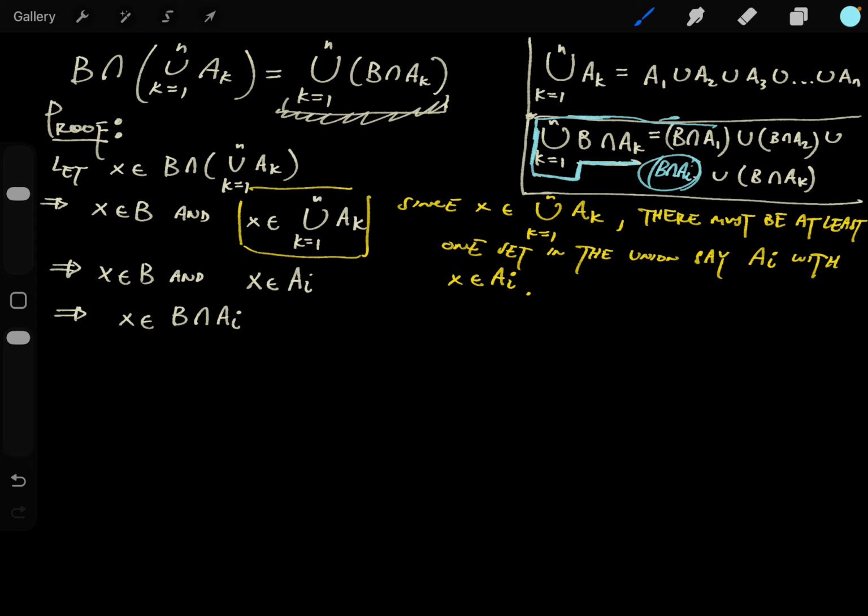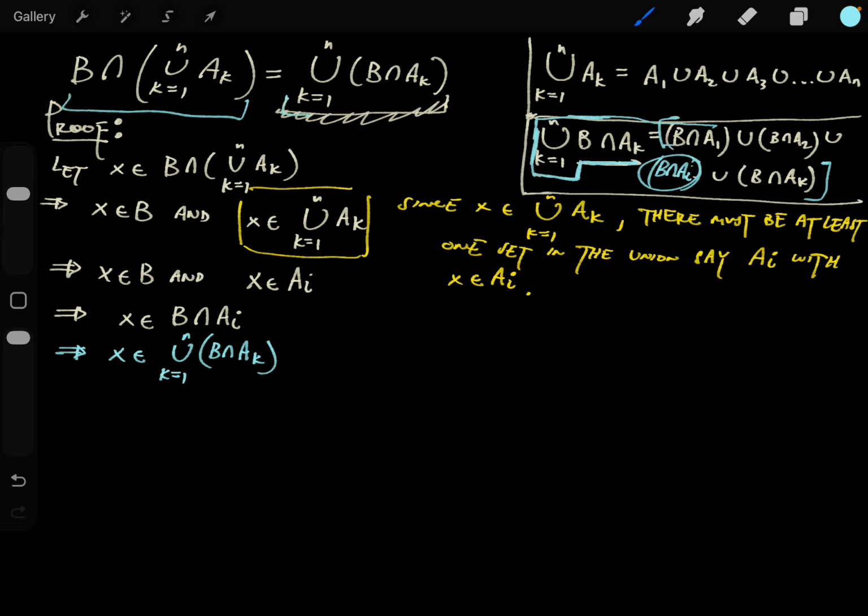So then x is in this whole thing because this is all unions. So it's or. It's everything together. So then that means that x is contained in the union, k goes from 1 to n, of B intersect A sub k. And that's one direction. I showed that if it's in here, then it's in here.